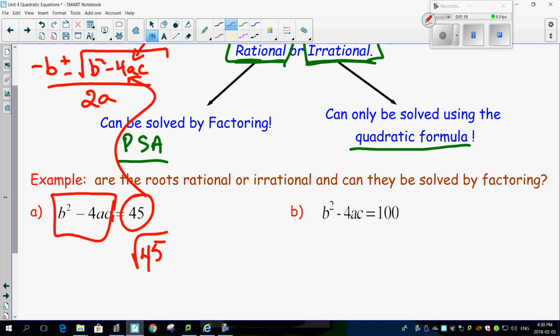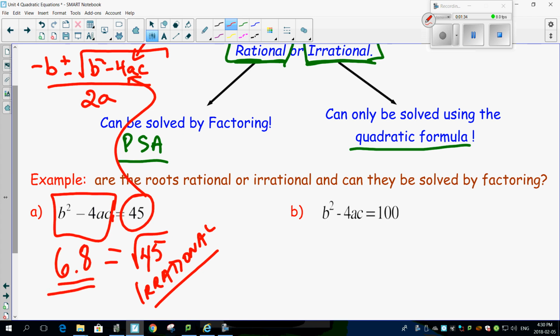That tells you right away that the root is going to be irrational, and you have to use the quadratic formula to figure it out. Because the square root of 45 is going to give you some weird number, something around 6.8 or something like that. It's going to give you a really strange, continuous number that's impossible to solve using factoring, using PSA.